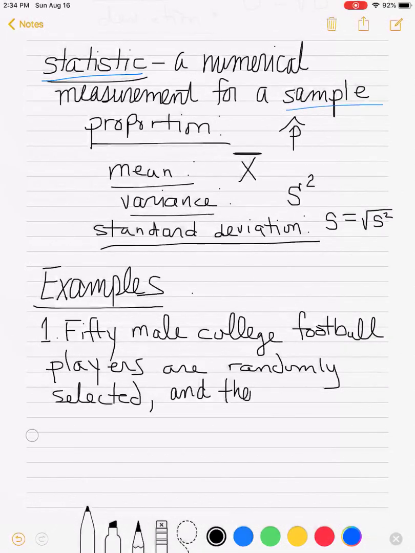I guess they get on scales, right? Their weights are measured.